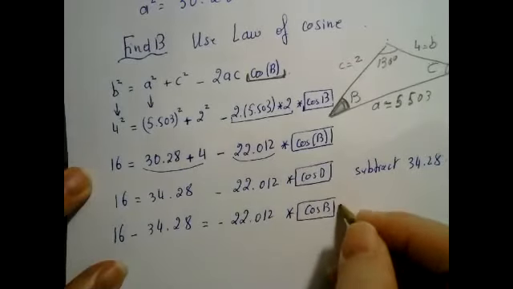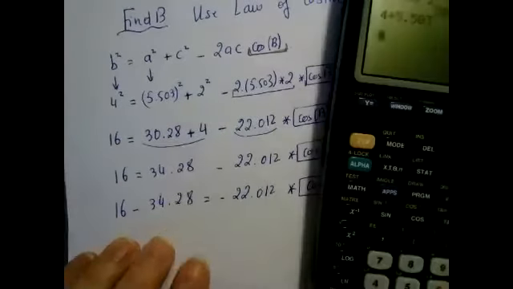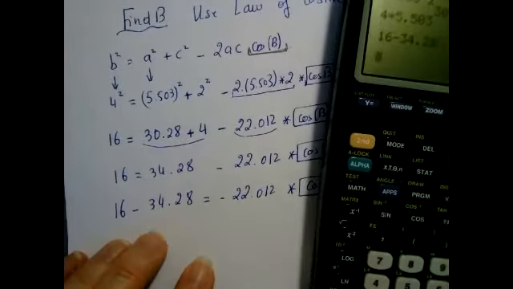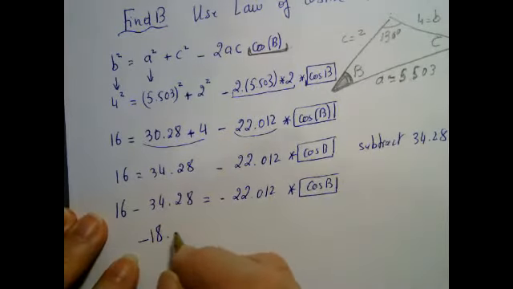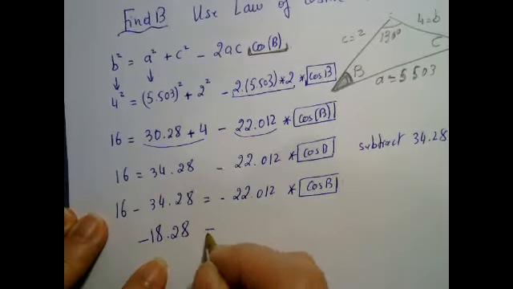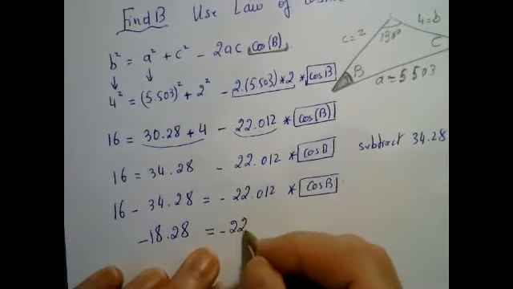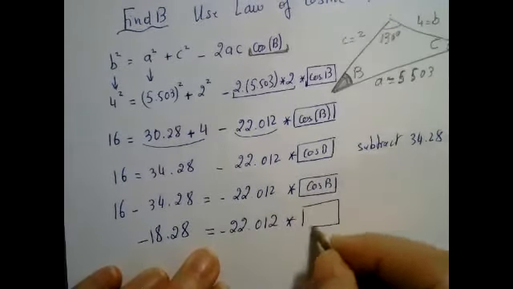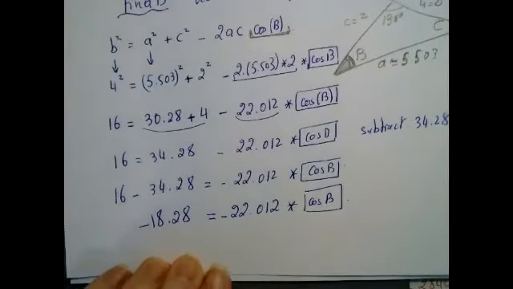So it looks like a lot, but that's all right. Now we do the math. 16 minus 34.28, I will get minus 18.28 equal minus 22 times the cosine of B. Now I need to solve for the cosine.